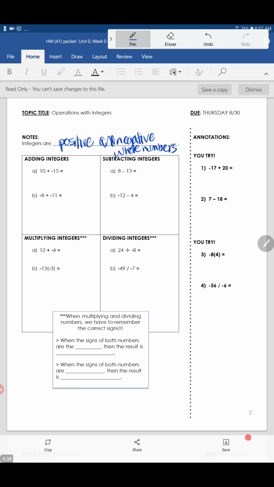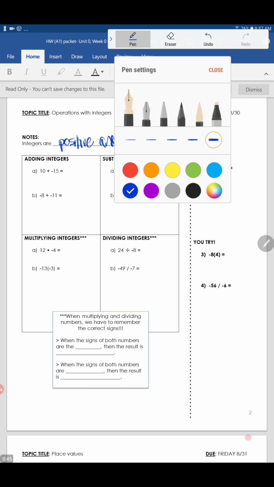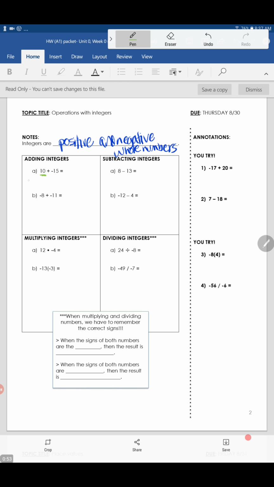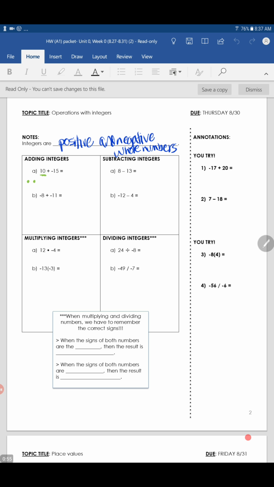So the first one, 10 plus -15, is equal to, now the way you can think about this is by using some images. So I'm going to use green for positive. Okay, so there are 10 positive, so positive 10, so I'm going to make 1, 2, 3, 4, 5, 6, 7, 8, 9, 10 dots.